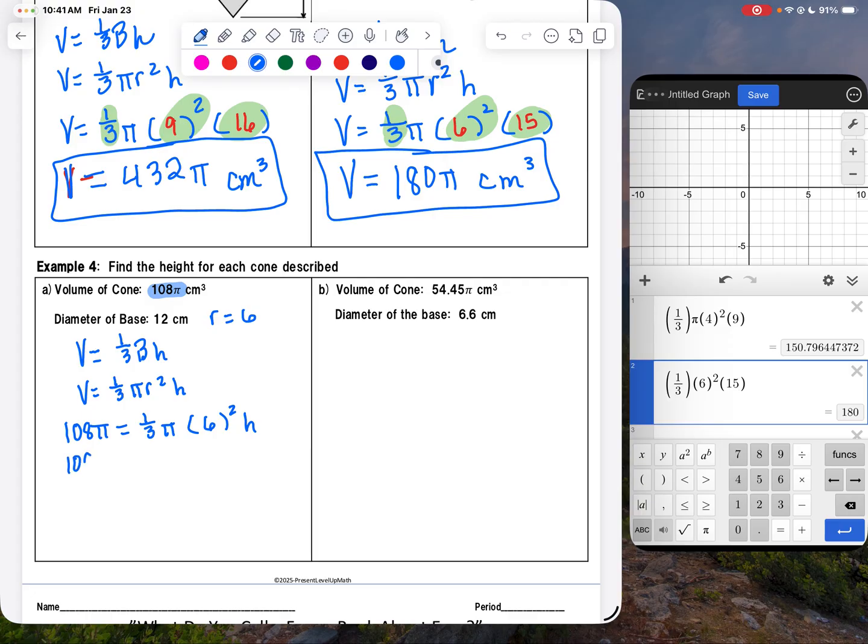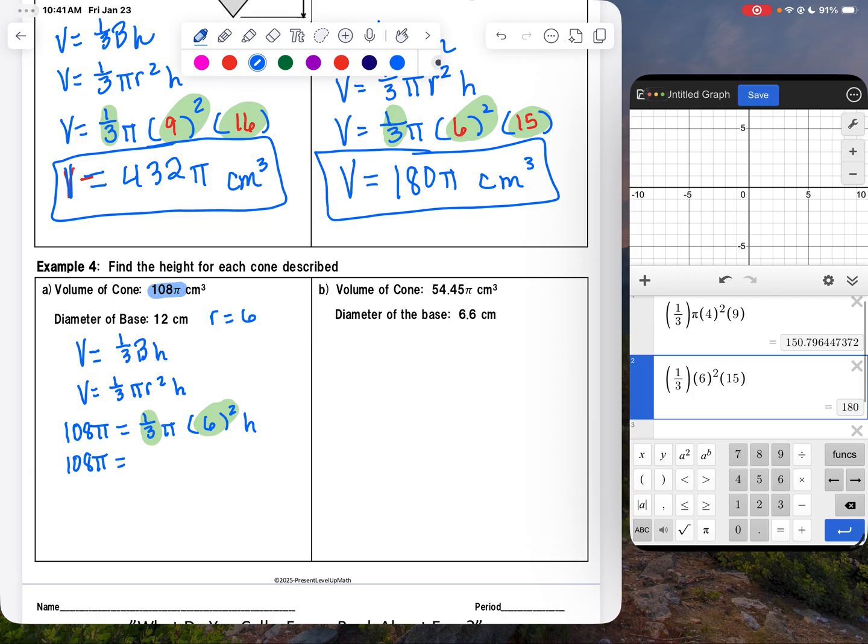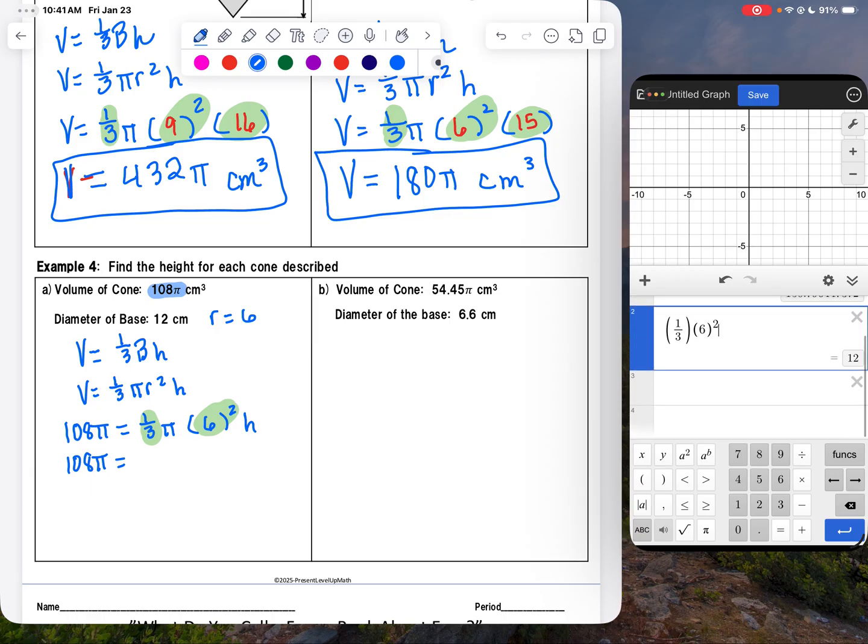So let me just write down the left side, 108 pi. That doesn't change. But I want to simplify this a little bit by multiplying 1/3 times 6 squared. So here I'm going to go back and just delete this. So 1/3 times 6 squared would be 12. And then pi, we have a pi there, and an h.